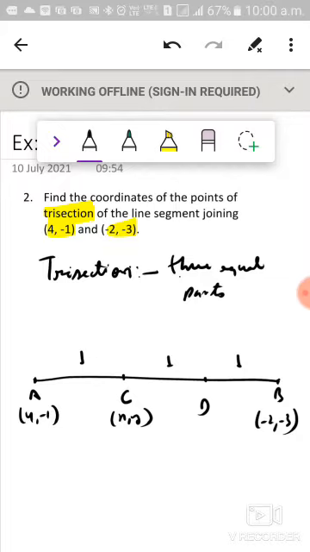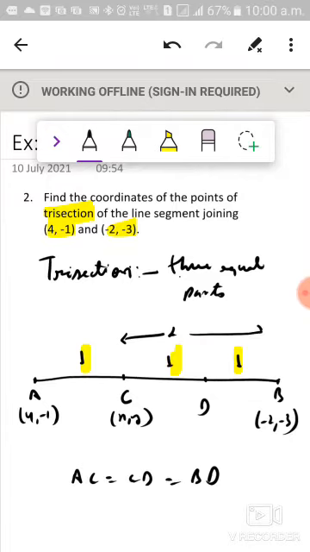So AC is 1, and BC will be what? Here it is given that AC equals CD equals BD. Now CB will be 1 plus 1, that is 2. So when we take the point C, this part is 2 and this is 1.